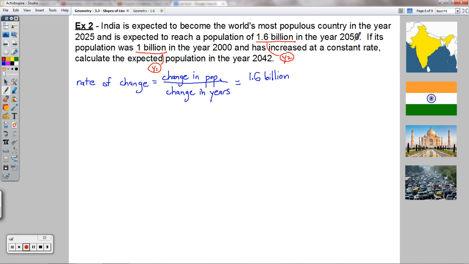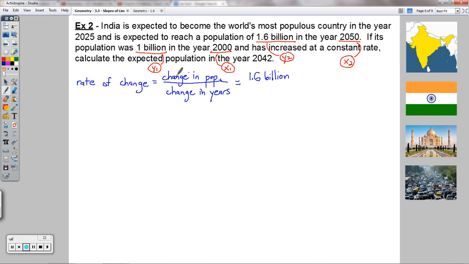And then I'm talking about 1.6 billion in the year 2050, so this would be x2. This coordinate goes with this one. In the year 2000, that's going with 1 billion, this would be my x1. So if I think of it like that, then it probably makes it easier to plug into our slope formula.